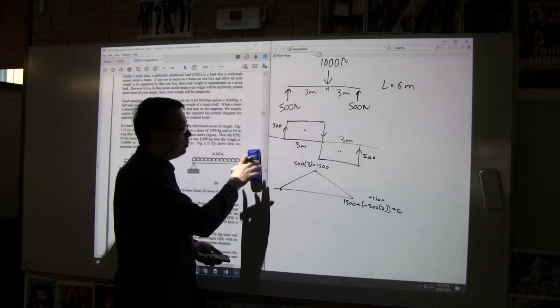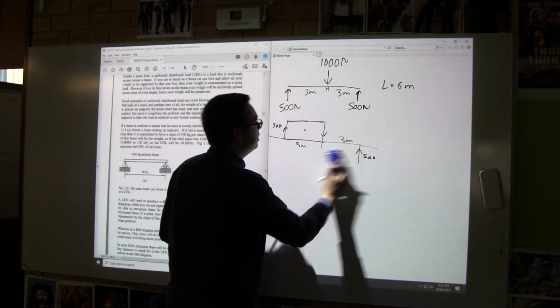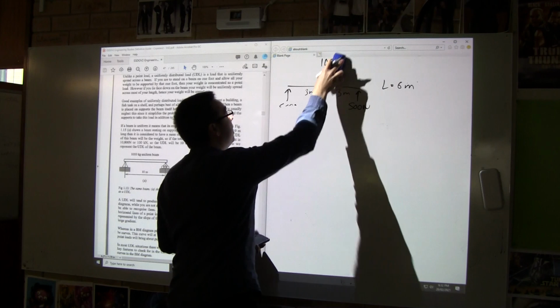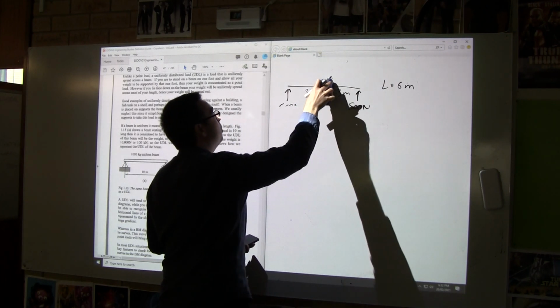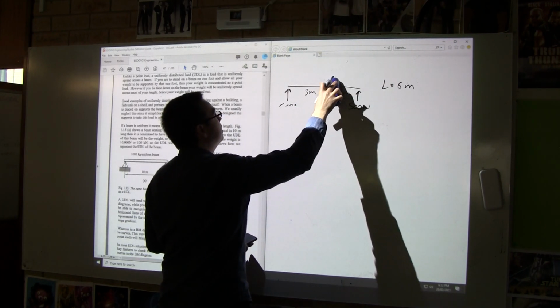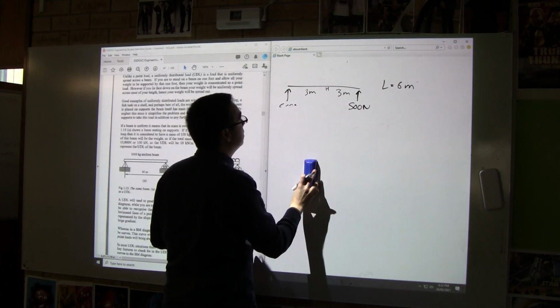Now, where it's a bit more confusing is when we divide this force. I wish I had picked 6 meters.